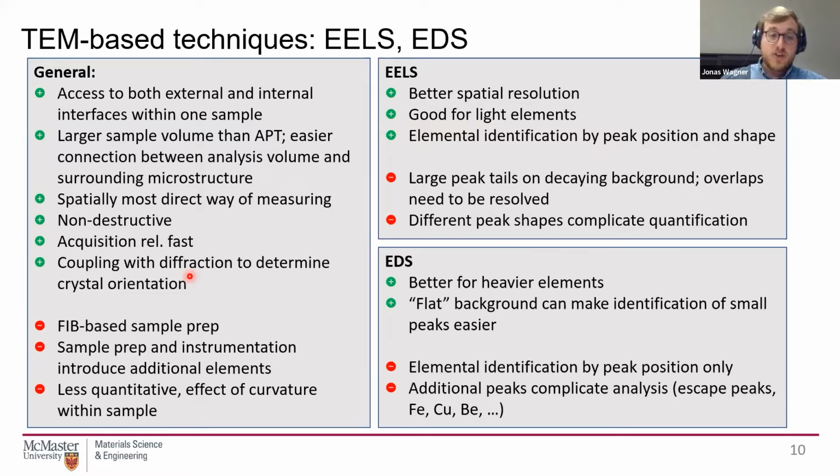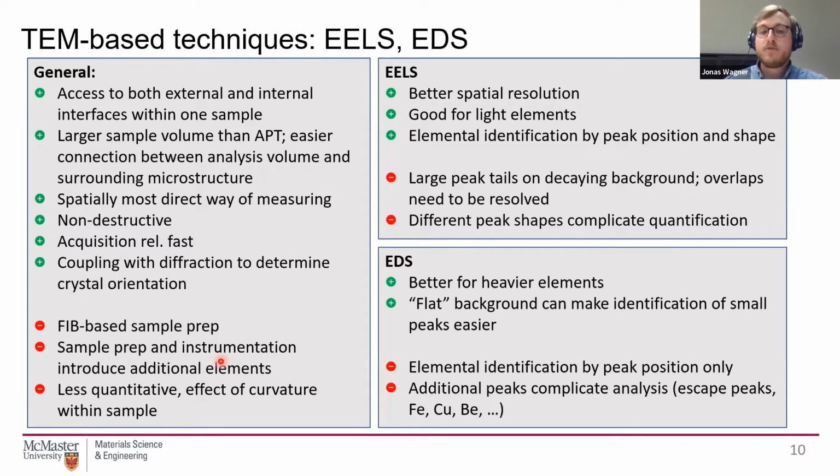Now, talking about the cons, well, of course, a general point speaking against, or making it a little more difficult, is that you have to have access to a FIB. It takes a little time and practice to do that. And also that the sample prep as well as the instrumentation can introduce different elements that will appear in your analysis, right?